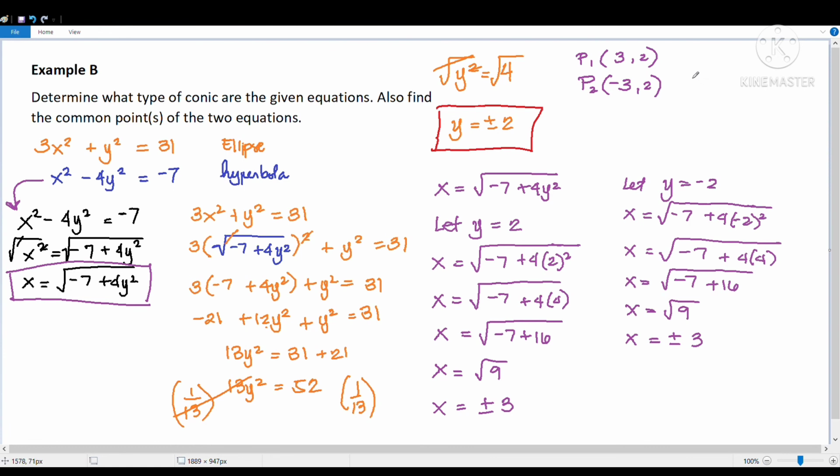For the third point of intersection, point 3 is positive 3 and negative 2. And the fourth intersection of the system is negative 3 and negative 2. So we have 4 intersections of the system, or 4 solutions of the system of nonlinear equations.